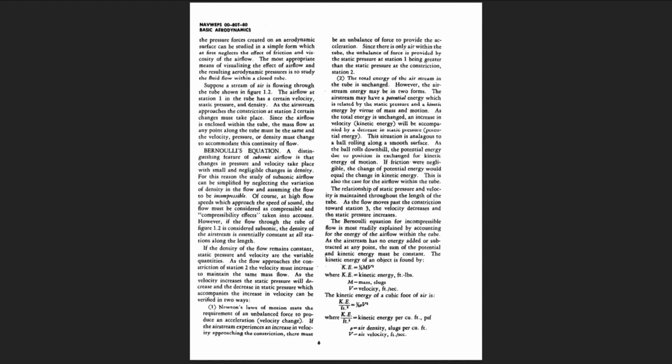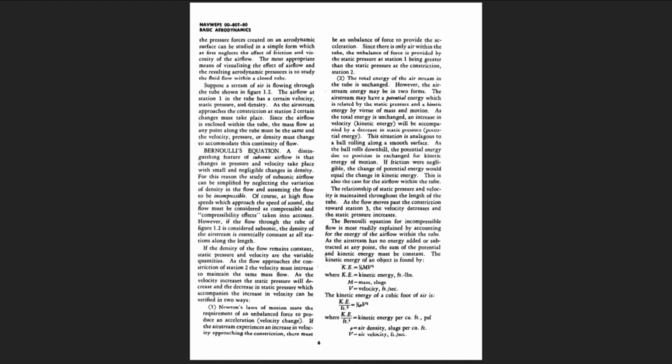2. The total energy of the airstream in the tube is unchanged. However, the airstream energy may be in two forms. The airstream may have a potential energy which is related to the static pressure and a kinetic energy by virtue of mass and motion. As the total energy is unchanged, an increase in velocity, kinetic energy, will be accompanied by a decrease in static pressure, potential energy. This situation is analogous to a ball rolling along a smooth surface.